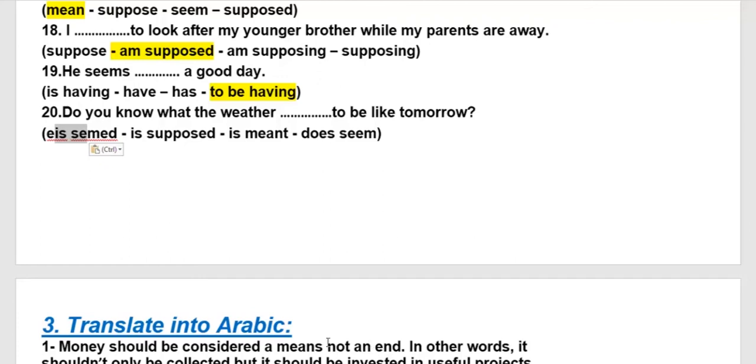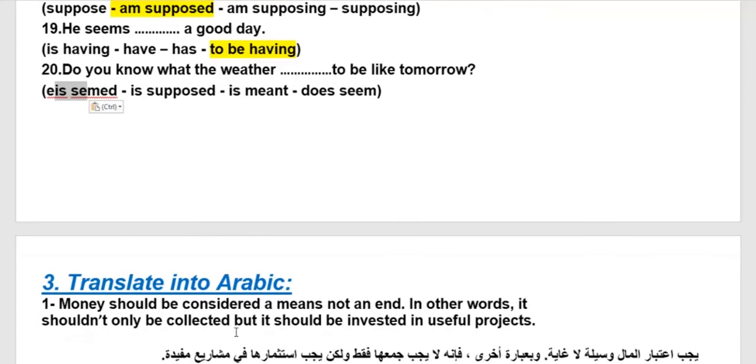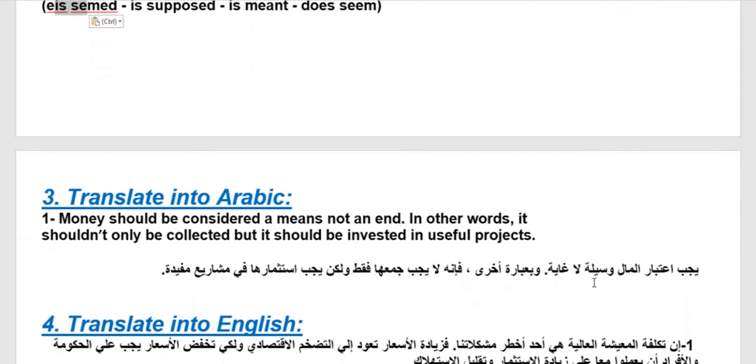In other words, it shouldn't only be collected, but it should be invested in useful projects.